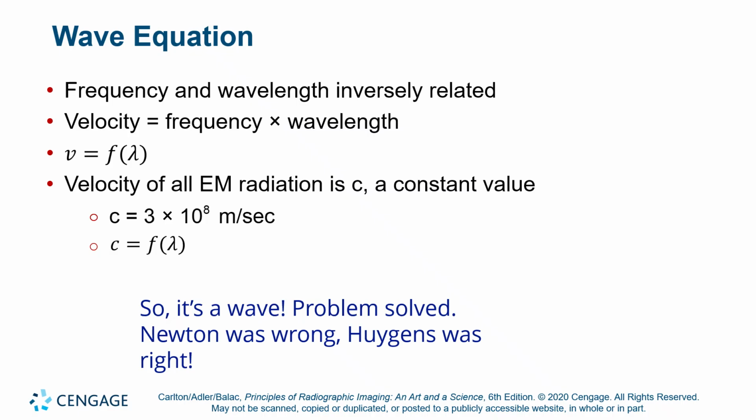Okay. So 3 different ways that we know it's a wave. It satisfies the wave equation, frequency times wavelength does yield the speed of light for every photon that we measure of specific wavelength and specific frequency.